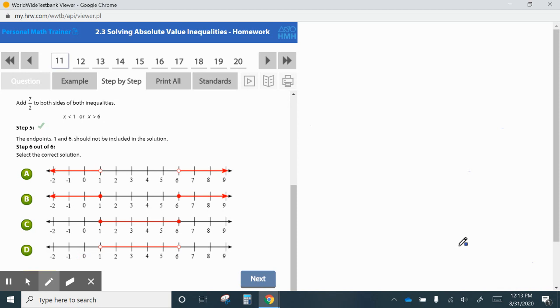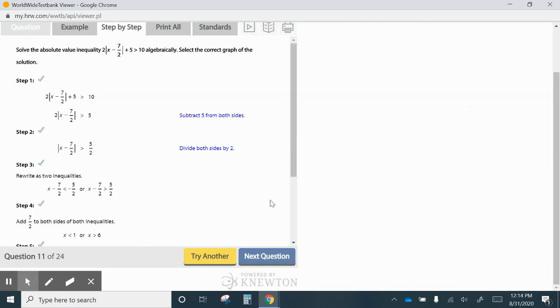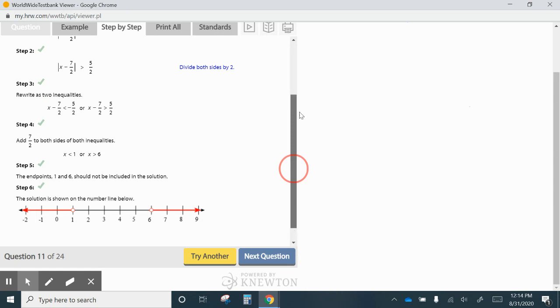Now, x is less than 1, so notice this makes like an arrow. So the arrows, we're shading that direction. Notice that's making an arrow, so we're shading that direction. There's no line underneath, so it's open circle here, open circle here. Okay. So open circle 1, 6. The answer is A. I think that's correct.